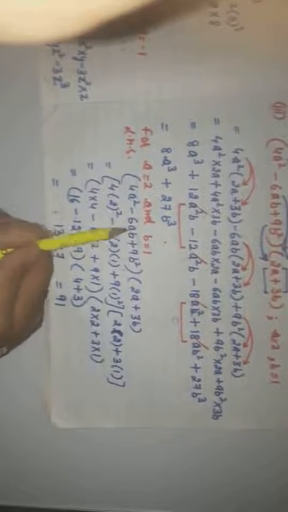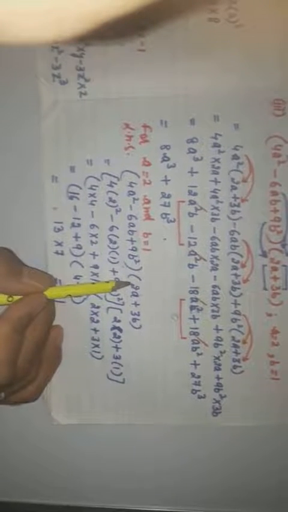Now we have to place the values. In the left hand side, means in this part, and the right hand side, that is the product of these two. The left hand side is this one. So a is equal to 2 and b is equal to 1. Now we place the value of a, that is 2 square minus 6 into 2 in place of a, and b is 1 plus 9 into b square, means 1 square.